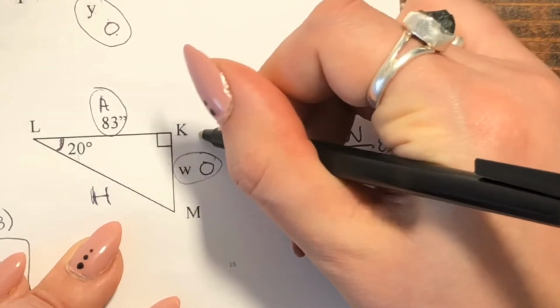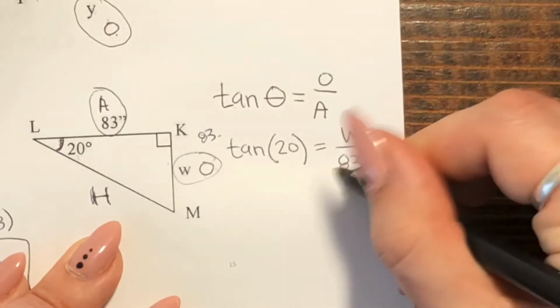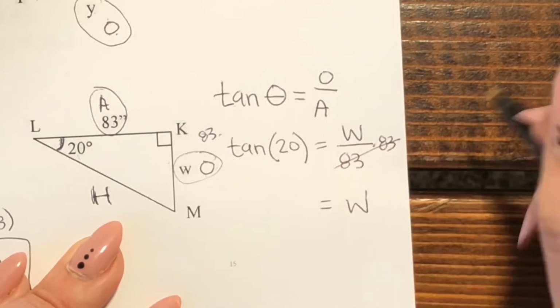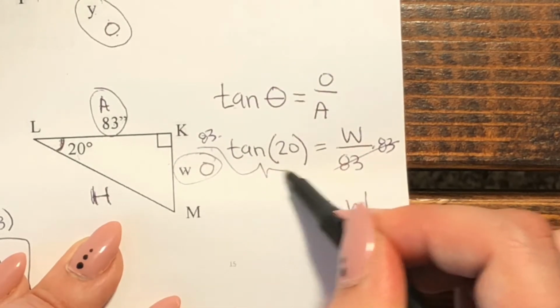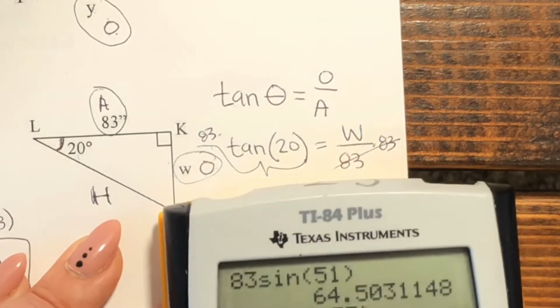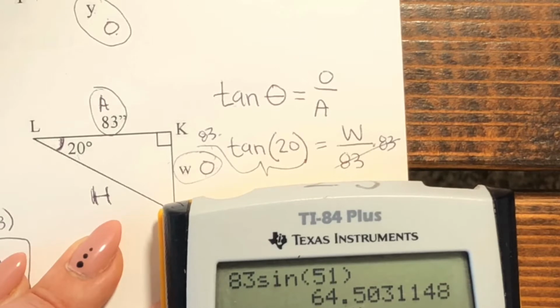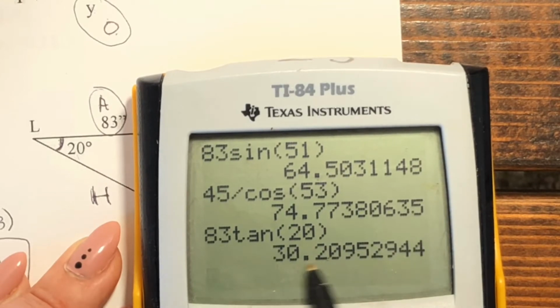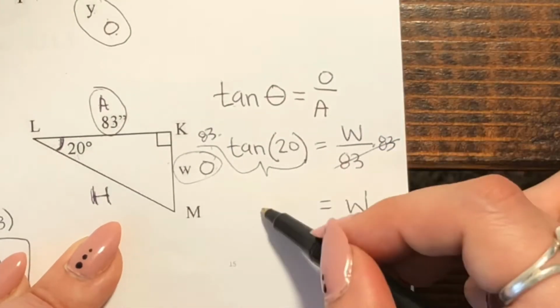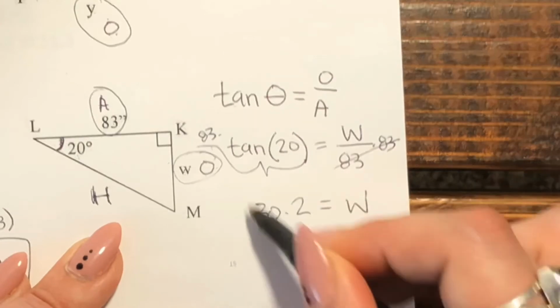So we're going to times by 83, and those cancel, and we get 83 times tangent of 20. This is what we want to throw into our calculator. So 83 tangent of 20 degrees. Oh, can't see what I'm doing. And we get 30.2. And that would be your answer.